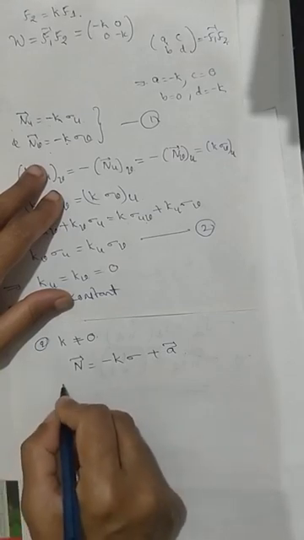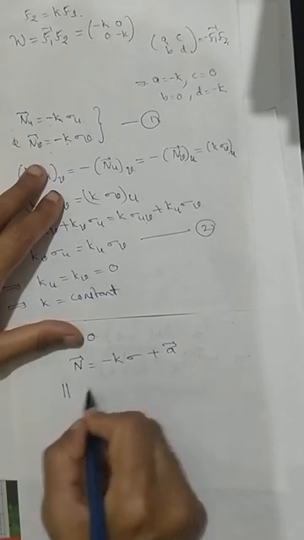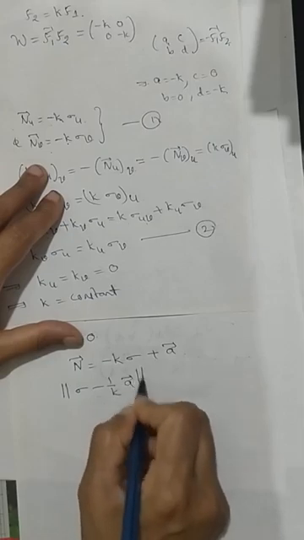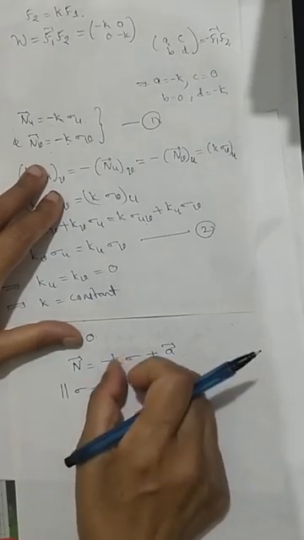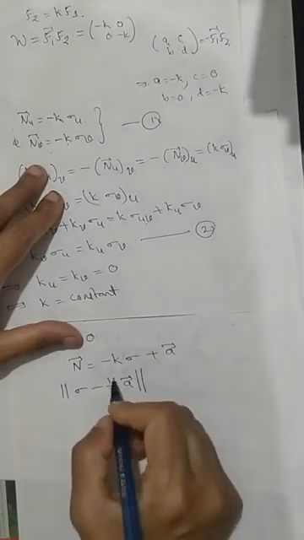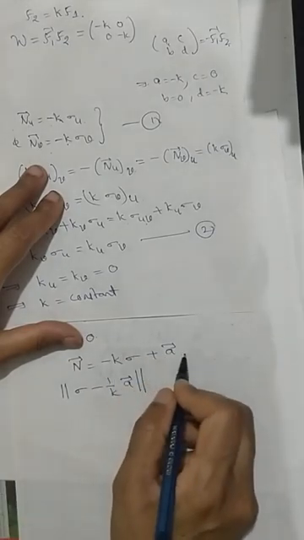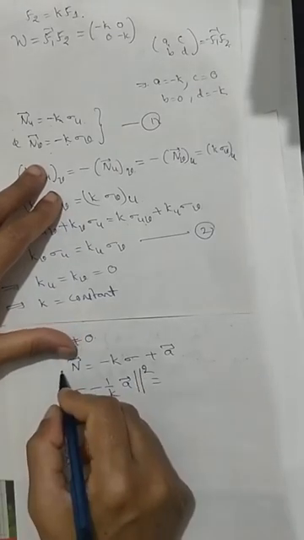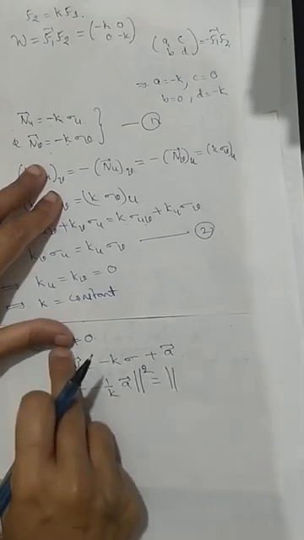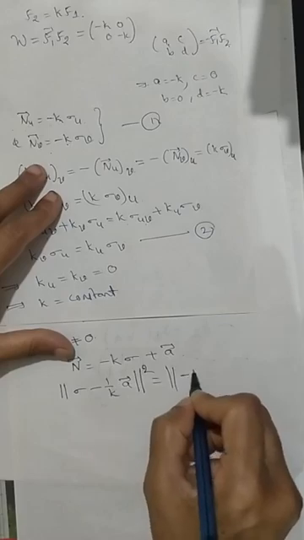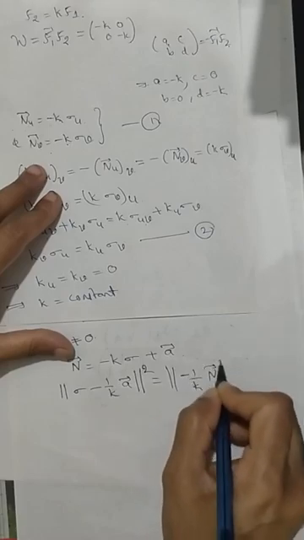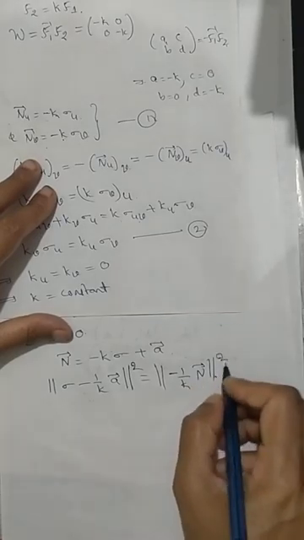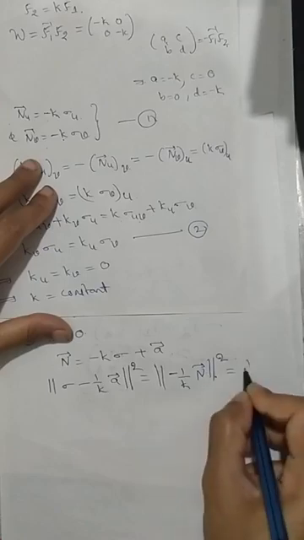What I am going to get is the norm of sigma minus 1 by k a, squared, which is equal to the norm of minus 1 by k n squared. N is a unit vector, so its norm is 1, so this is equal to 1 divided by k squared.